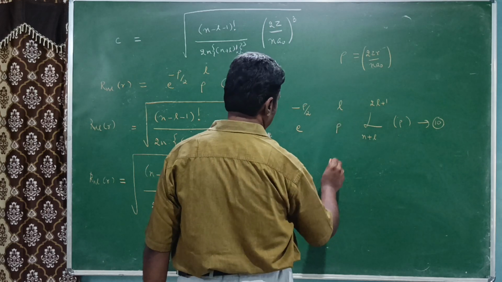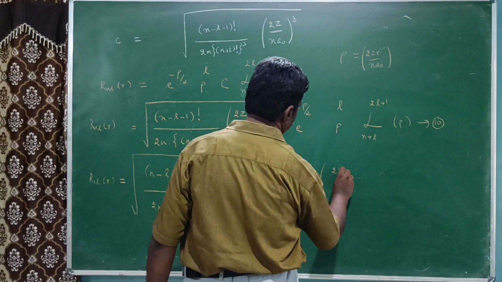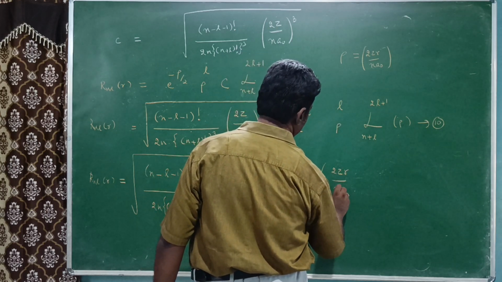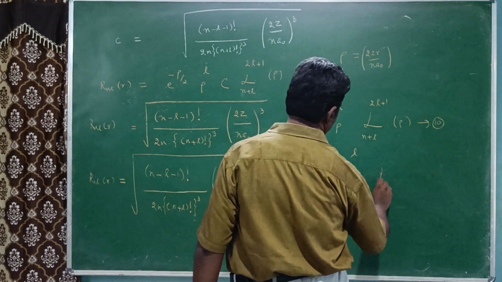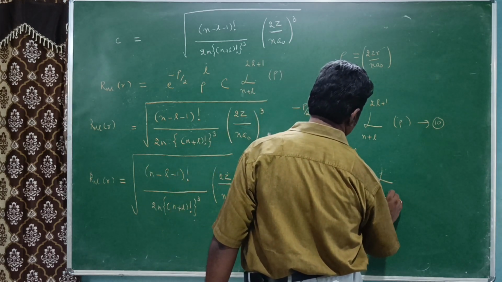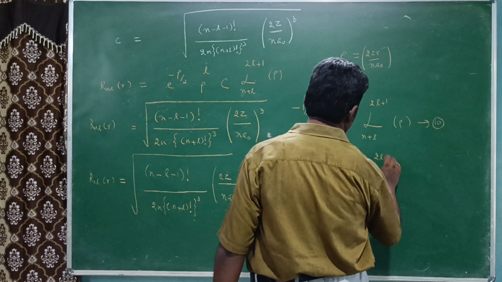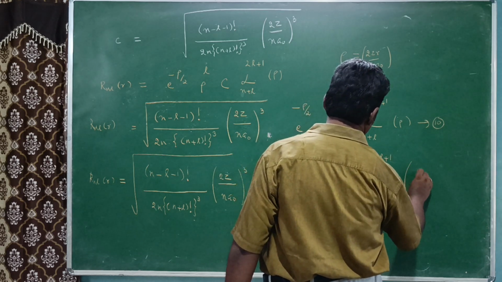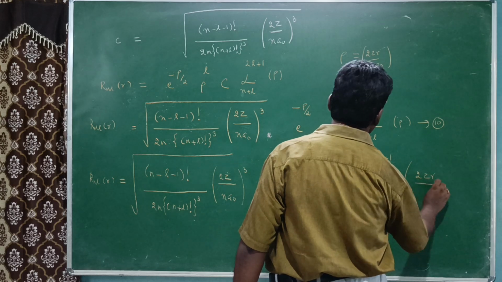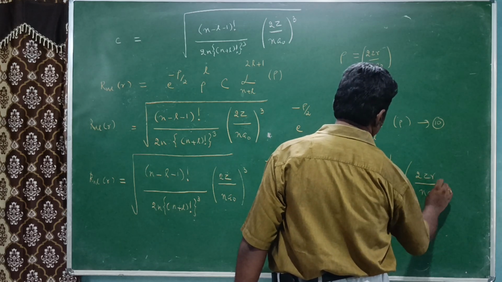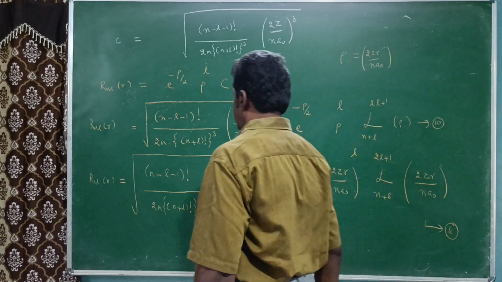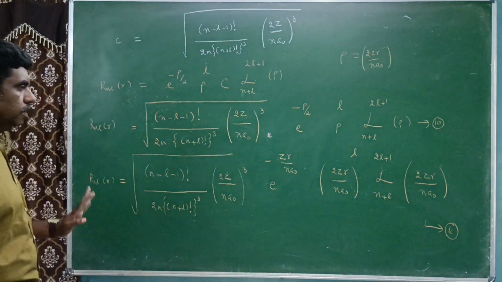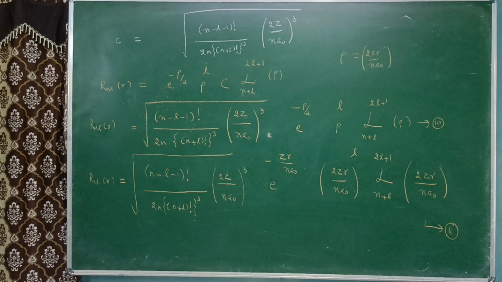Then rho power l, which is (2Zr divided by n a0) power l, then the Laguerre polynomial. The value of rho is 2Zr divided by n a0. So this is equation 11. This is the value of R_nl(r).